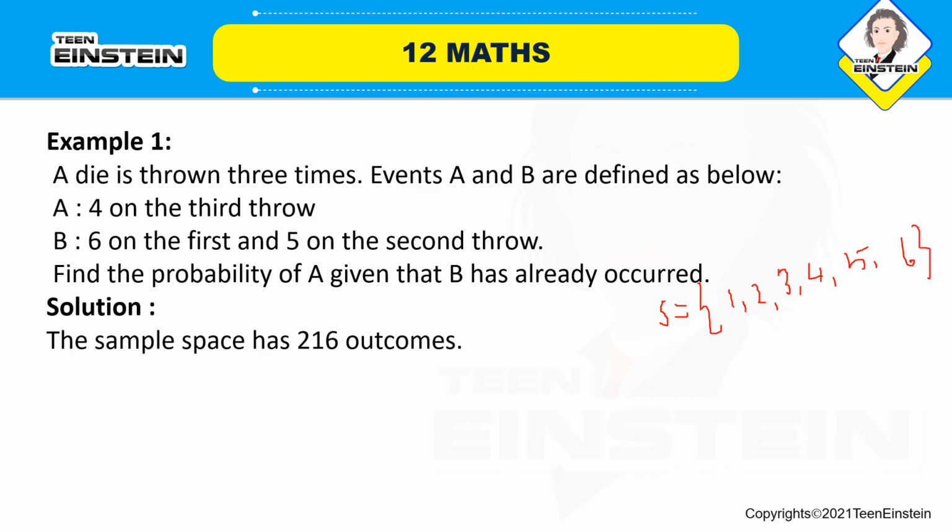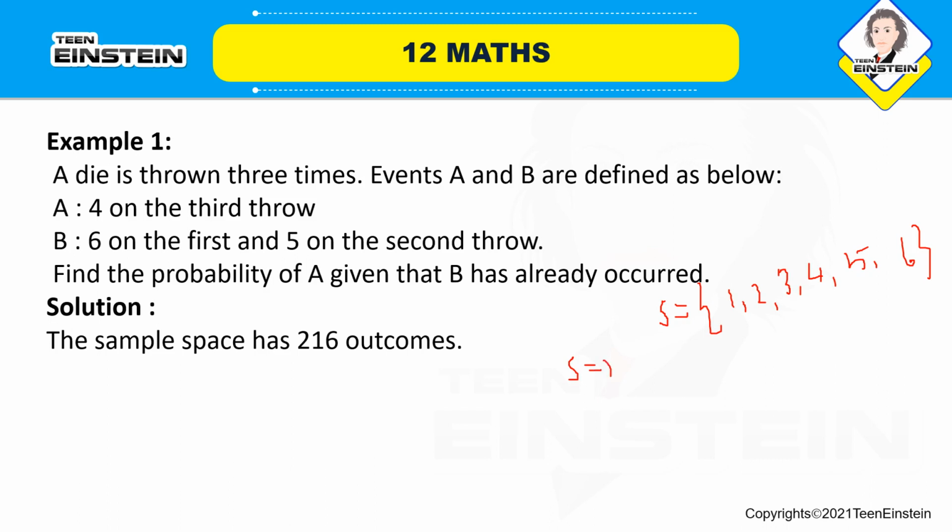When you throw a die once, the sample space is the collection of 1, 2, 3, 4, 5, 6. So these are the possible outcomes. Suppose I am throwing one more time. A die is thrown 2 times. Then what is the sample space?